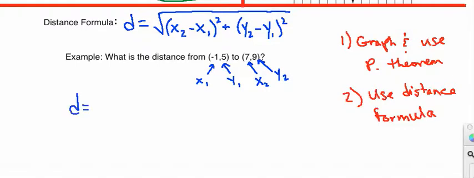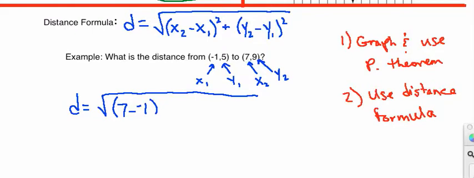So d equals square root, x2 is 7, minus x1 is negative 1, y2 is 9, minus y1 is 5. Should be very careful with negatives.